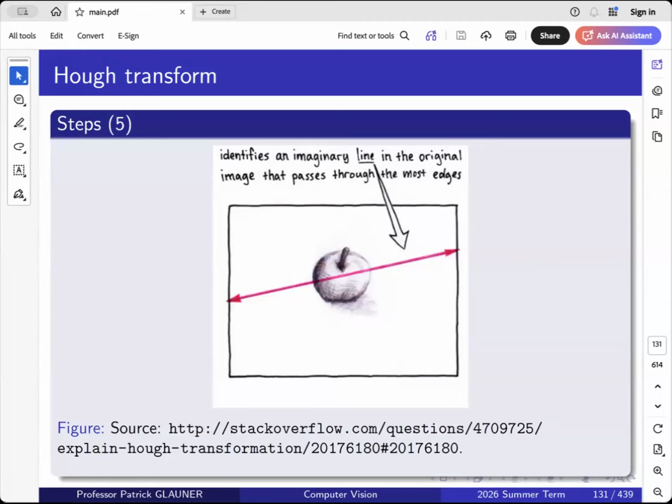Yes, running time is a challenge because we need to do some discretization, and the smaller we discretize, the longer it takes. So high memory cost, yes, very robust, but extremely slow and resource hungry. And one benefit is, yes, it also detects incomplete shapes, absolutely. So it works extremely well, but running time is an issue.